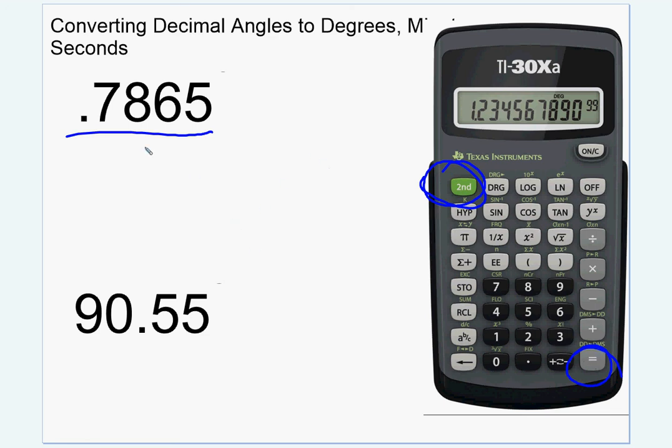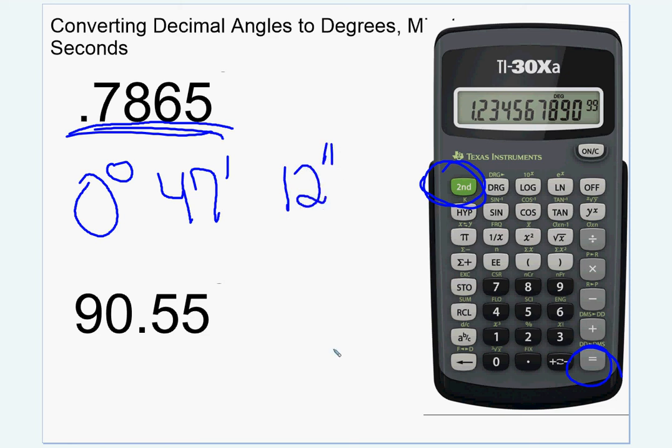Now, since you're doing this at home and you might not have a TI-30, we're going to do some of these in class, of course, when we're doing some odd problems. So this one here, if you type that in the calculator, press the buttons, the display will look like this: 0 degrees, 47 minutes, and 12 seconds.